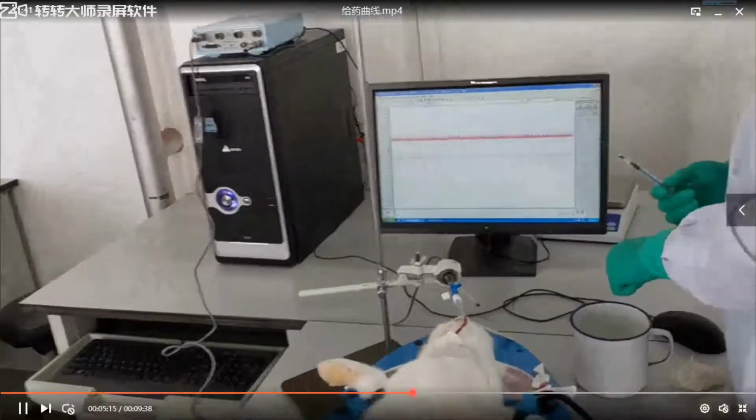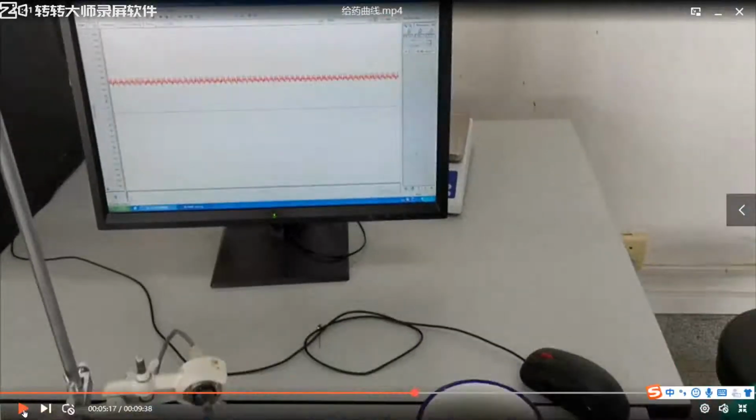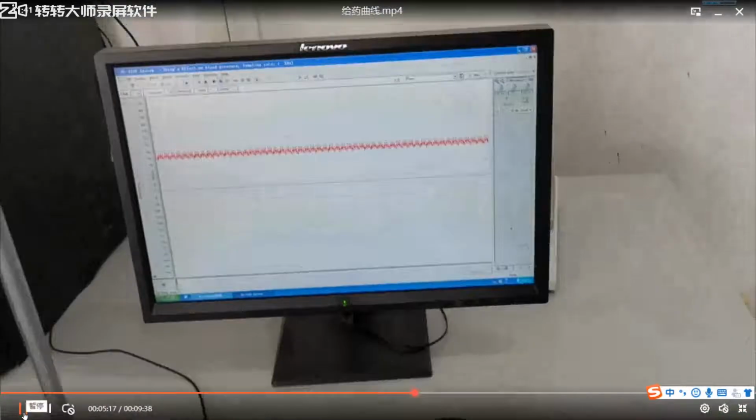Phentolamine is the alpha receptor blocker, and it blocks the alpha 1 receptor, causing vasodilation, and then blood pressure is reduced. So let's wait 3 minutes. As I explained, we wait 3 minutes to block the alpha receptor, and then we repeat adrenaline, noradrenaline, and isoprenaline again.